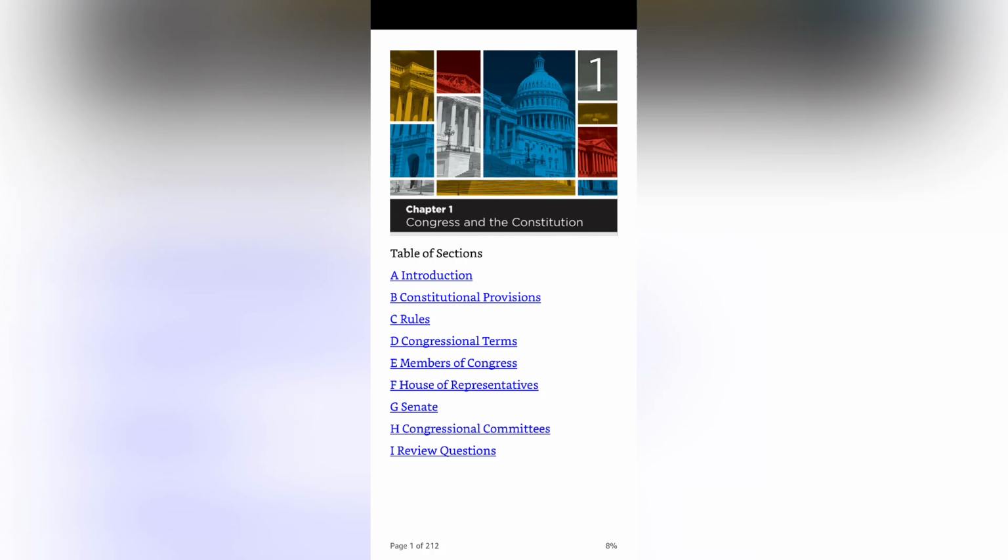in the Senate. Committees hold hearings taking testimony from administration officials, outside experts, interested stakeholders, and sometimes other members of Congress.